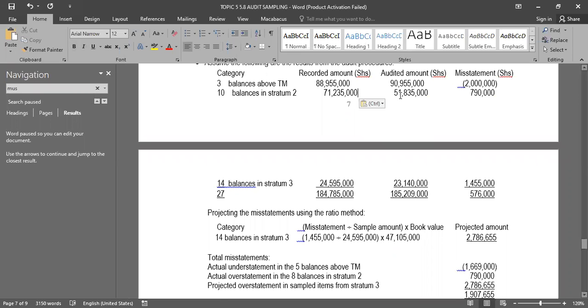Okay, and assuming that the auditor found a lesser figure, yes, but less in the sense that maybe 70.235. I'm just trying to be creative here. Okay, so the difference will be 1M. Okay, but this one is positive because the recorded was bigger. Okay, so overstatement.